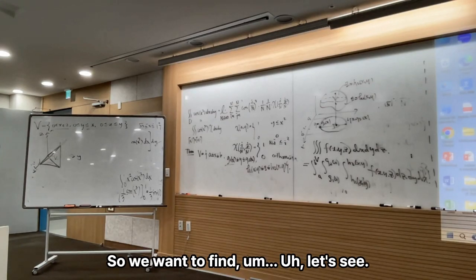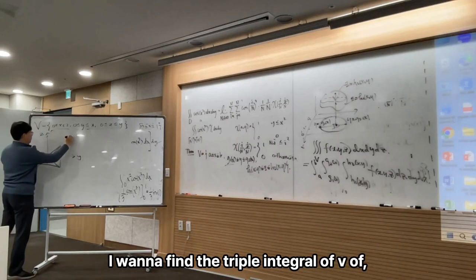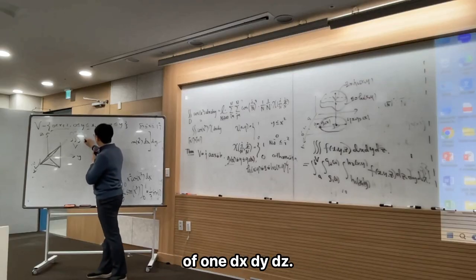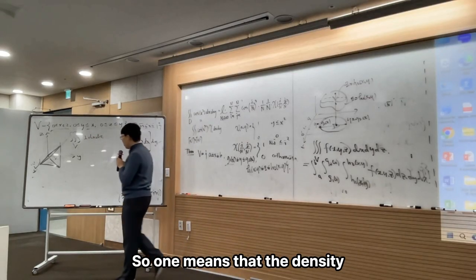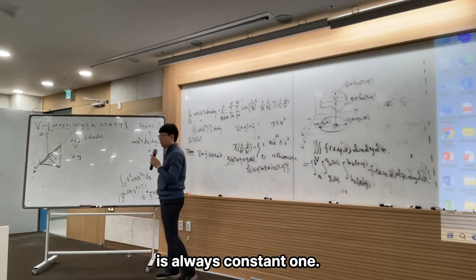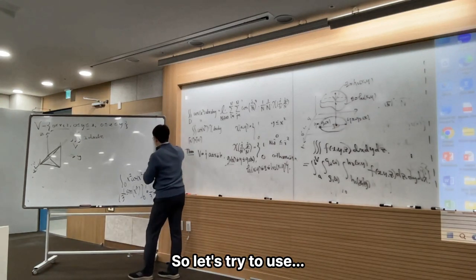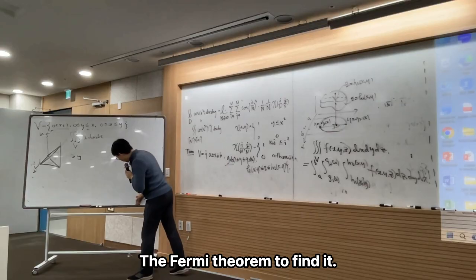So we want to find the triple integral over V of 1 dx dy dz. 1 means that the density is always constant 1. So let's try to use the Fubini theorem to find it.